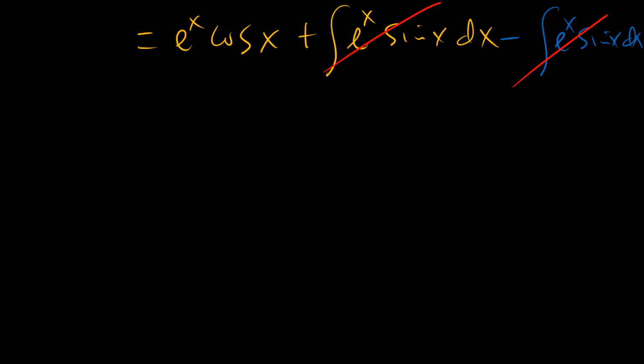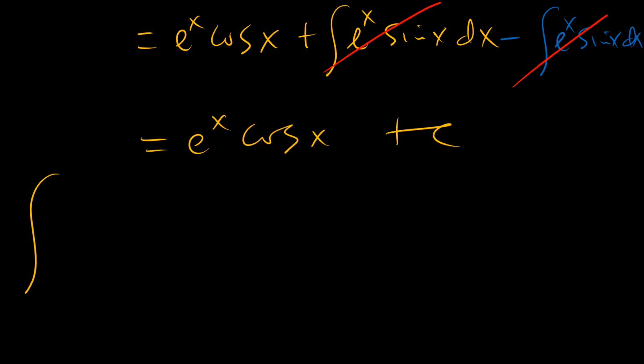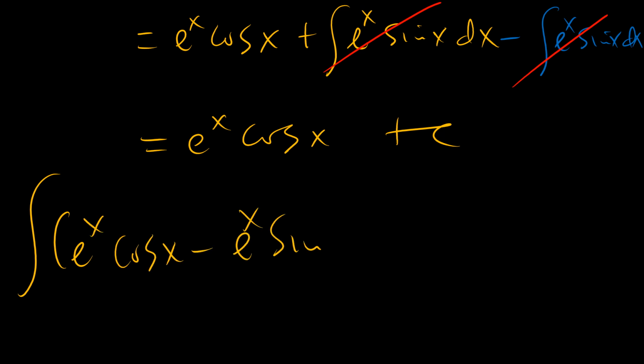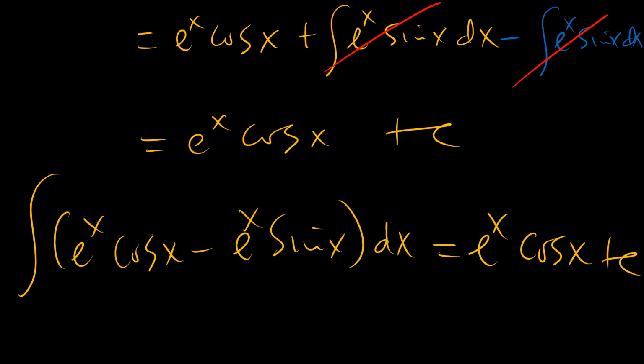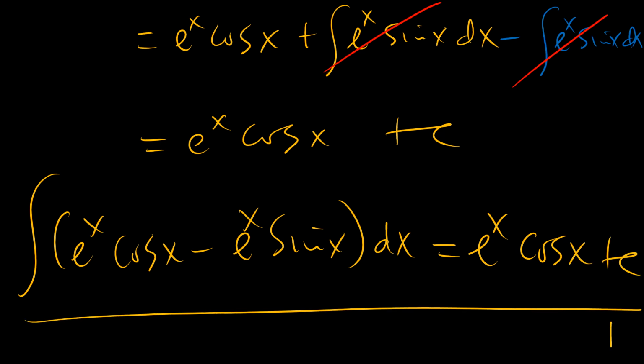So this allows us to have our answer as e to the x cosine x plus c. In other words, the integral of e to the power x cosine x minus e to the power x sine x is the same as e to the power x cosine x plus the integration constant. Okay, and that's our answer.